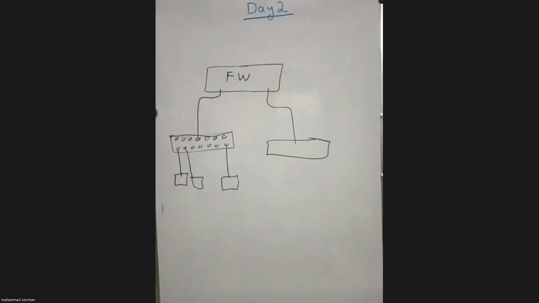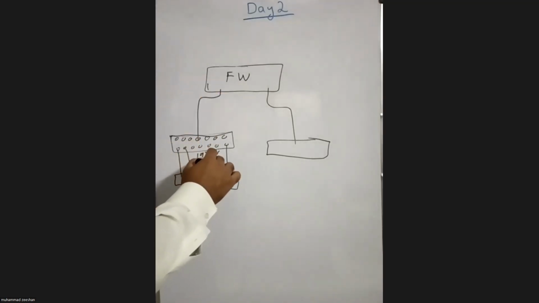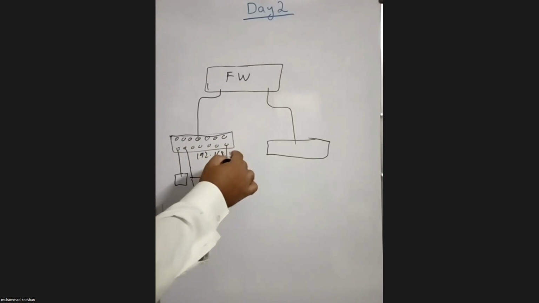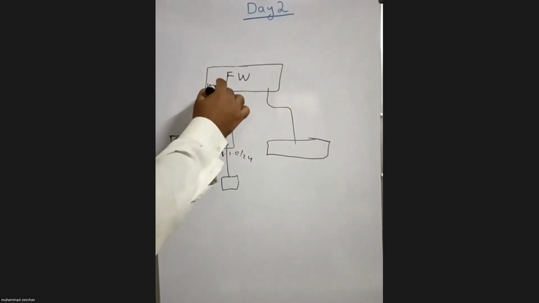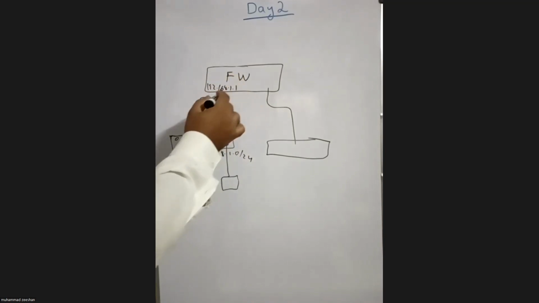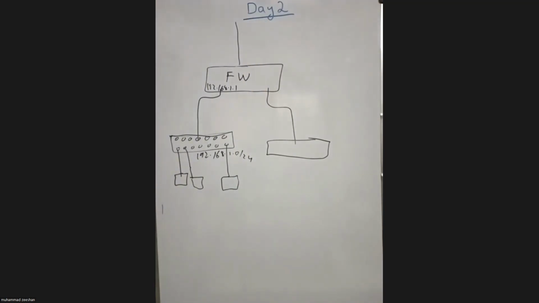If they want to go outside, there should be some IP assigned. Like if this is network 192.168.1.0/24, then one IP, 192.168.1.1, will be assigned here, and the firewall will take care of the routing. Traffic for the outside world will go to this IP address, and it will take it to the outside world. So this is a switch.